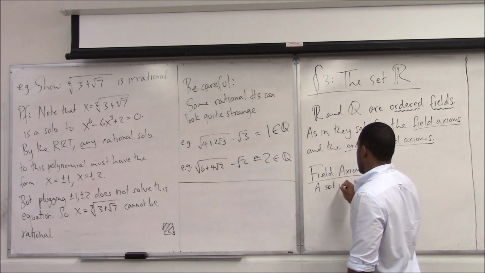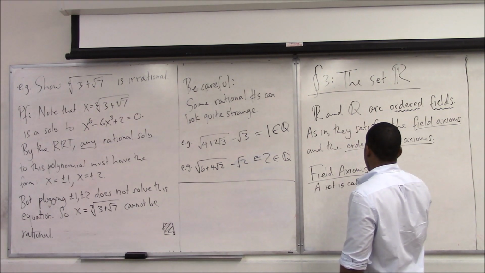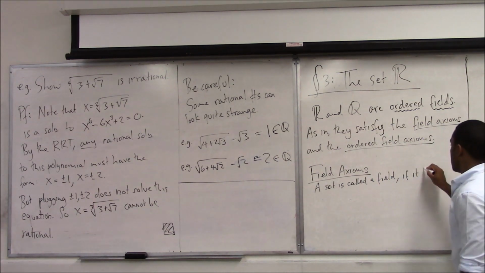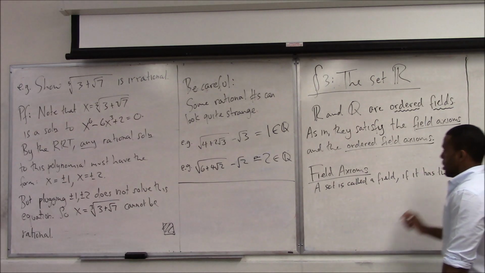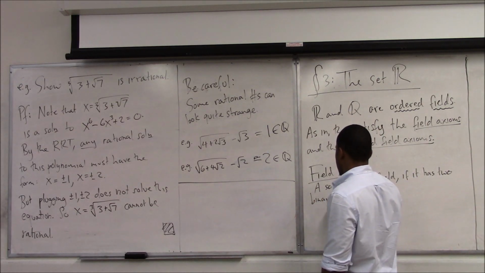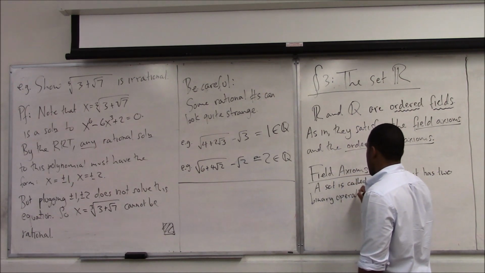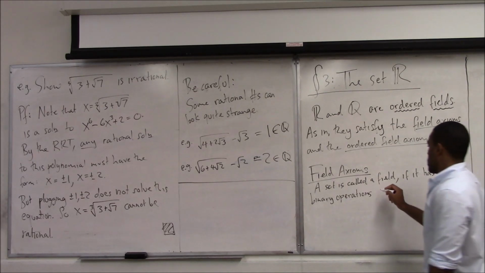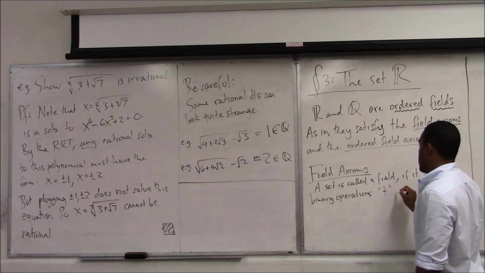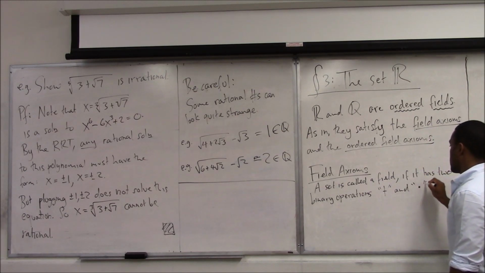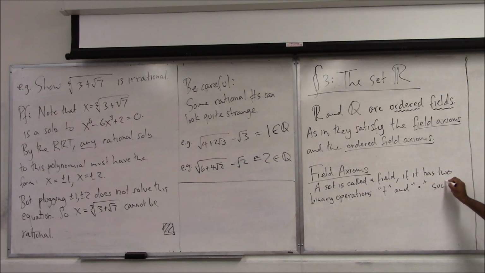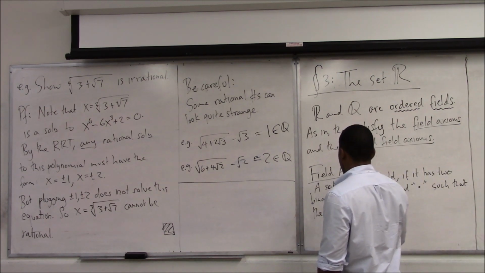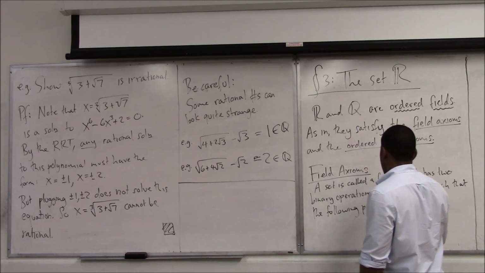A set is called a field if it has two binary operations. This means an operation that combines elements of your field two at a time, which we call addition and multiplication, such that the following properties hold.